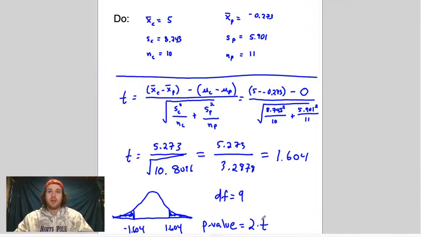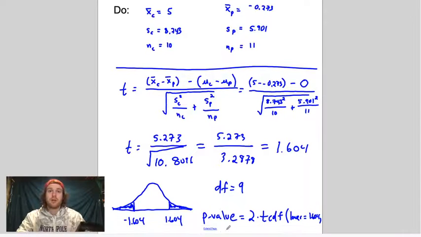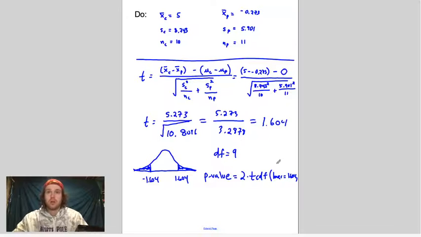Sorry, class. 2 times tCDF with lower equal to 1.604, comma, upper equal to 1,000, comma, degrees of freedom equal to 9, done.